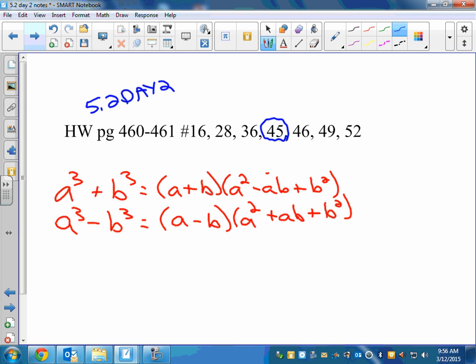On my homework, when I got to that part, I wrote in the margin, wow, that's impressive. Who would have thought? So that's number 45.